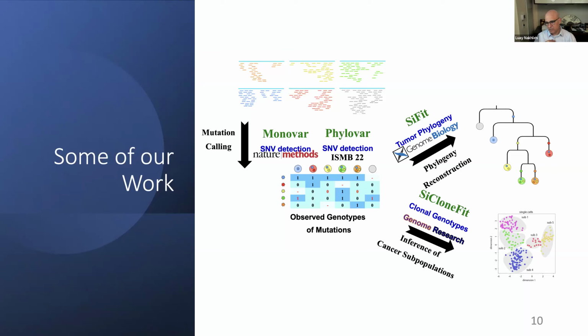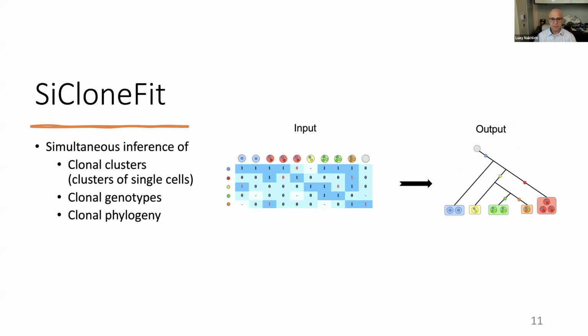And finally, we have CellPhy, which is the most recent of these methods. This is a method that works also on single cell data, but accounts for heterogeneity. So it is a method that takes as input single nucleotide variants that have been called by some method. If you look at the input here, the matrix has zeros and ones.